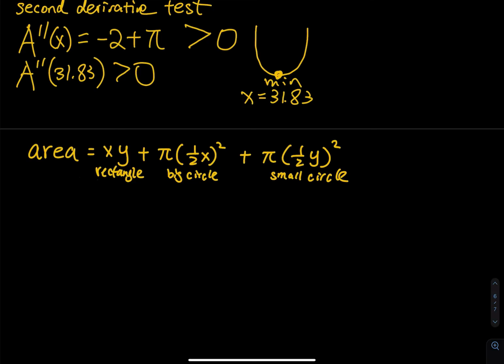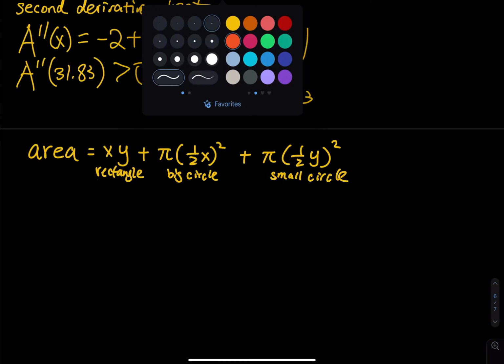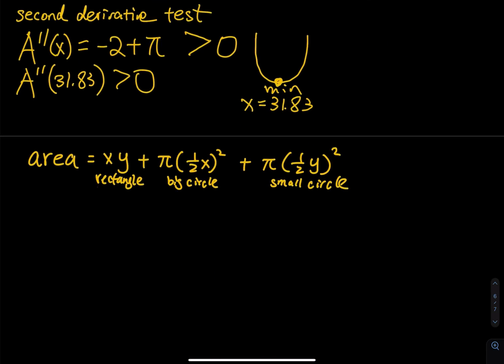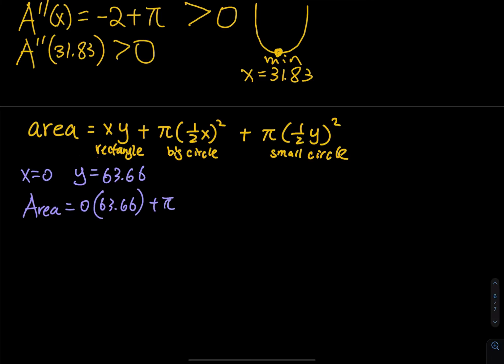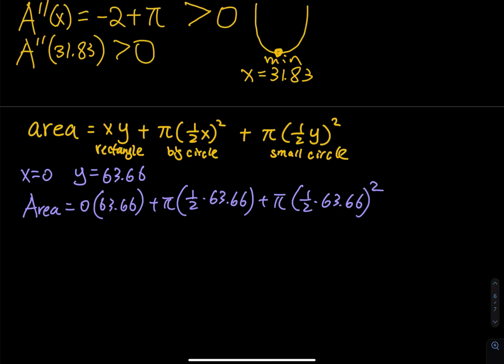So when x equals 0 and y equals 0. Should I follow the color code? Yes, let's follow the color code. When x equals 0 and y equals 63.66, we have area equals 0 times 63.66, plus pi times 1/2 times 63.66, plus pi times 1/2 times 63.66 squared. That gives you 3182.90.